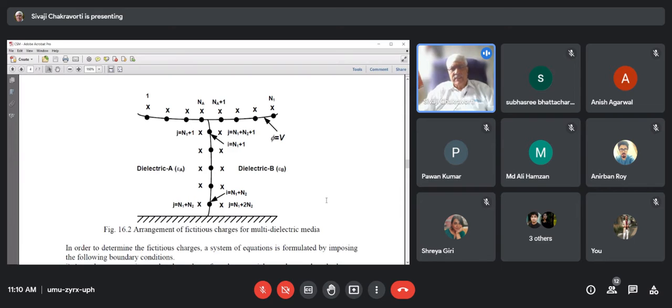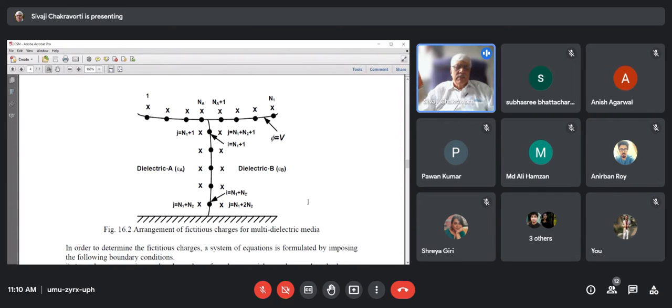But then there are two dielectrics. So there is a dielectric interface. And as a result, there will be some charges on this interface because of the dissimilarity of the dielectric constant of the two materials.